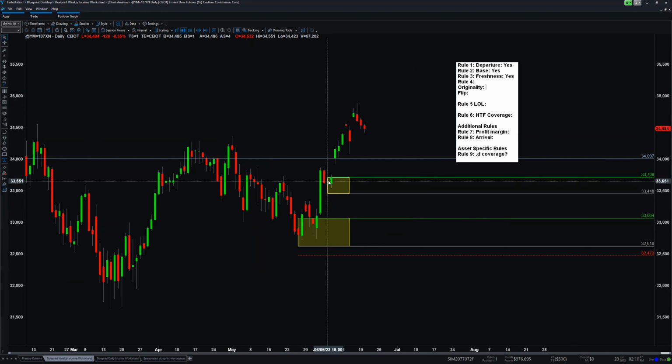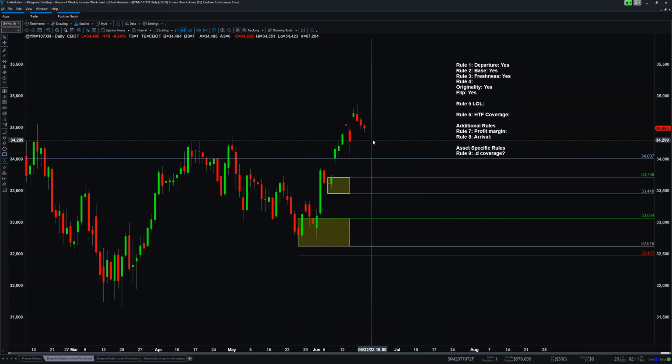Therefore, there's demand been created in an area where we had supply before. So this has to be an original level, right? It would only be non-original if there was demand to the other side, but there's no demand, there's supply or resistance. So it's an original level, and it could even be a flip level, right?